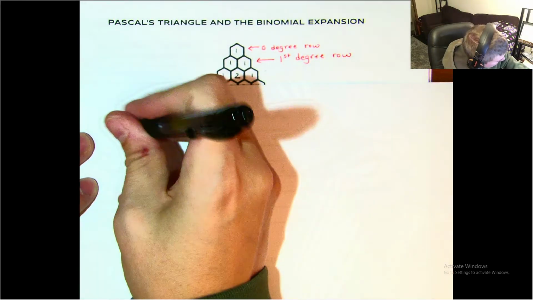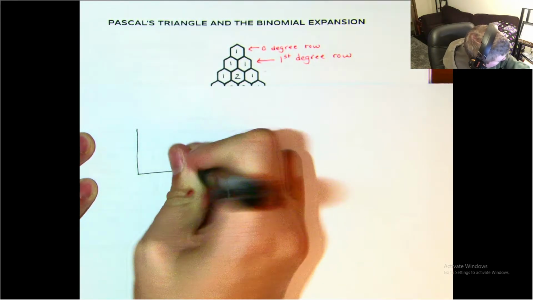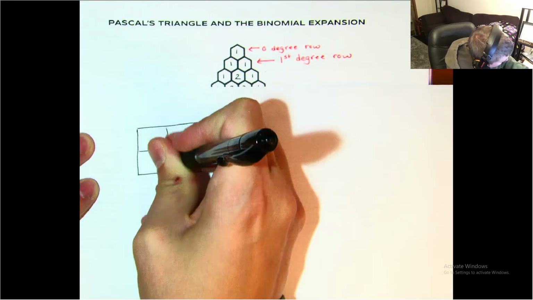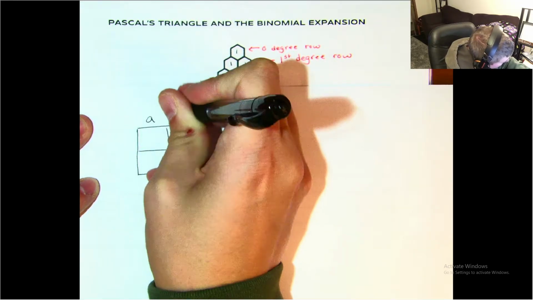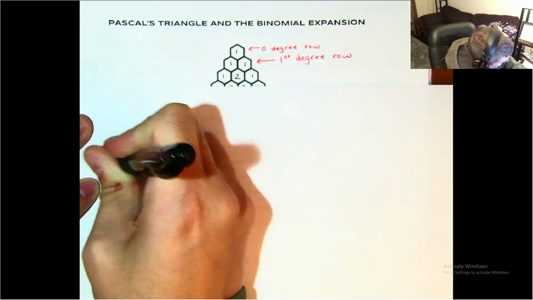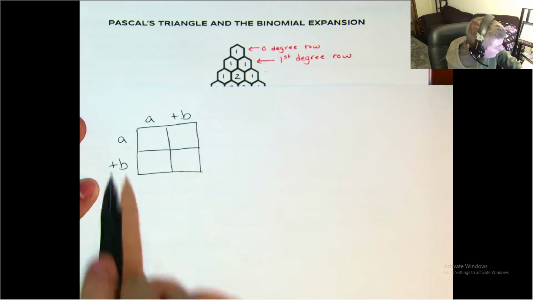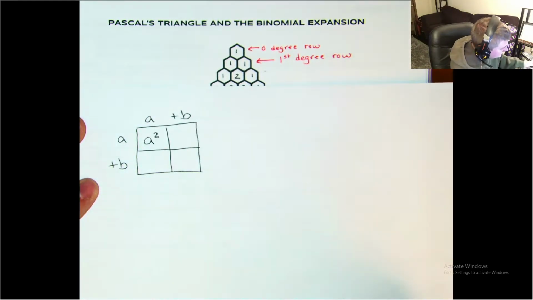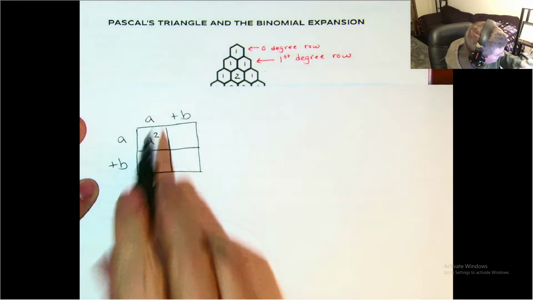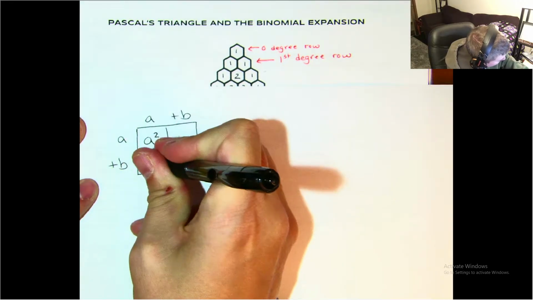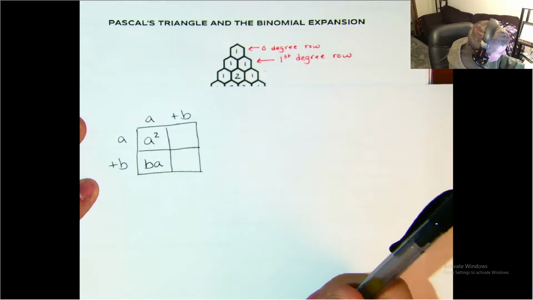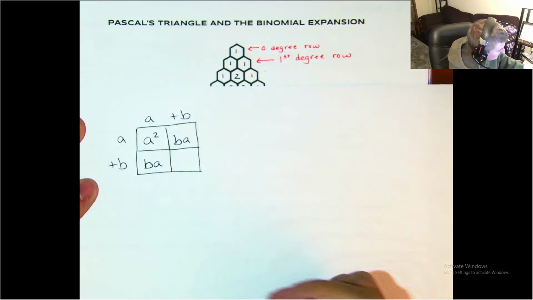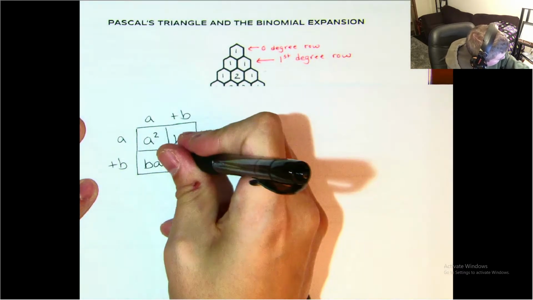So that means I am going to go ahead and take a plus b and multiply it by a plus b. Well, a times a is a squared. B times a is BA. A times b is also BA. B times b is b squared.